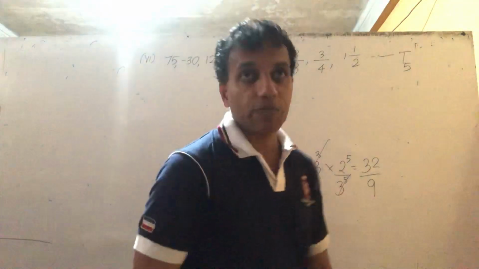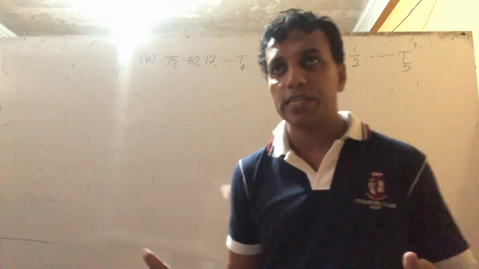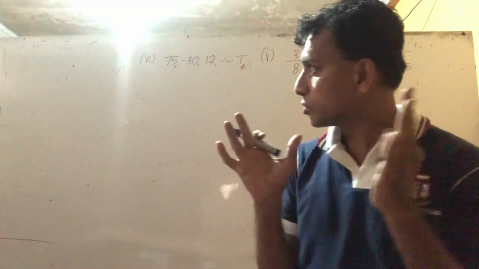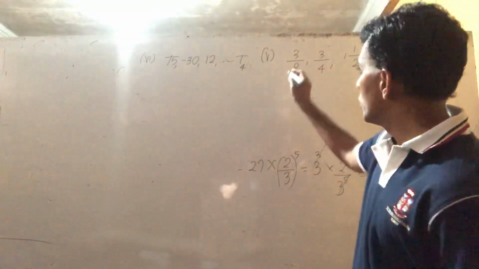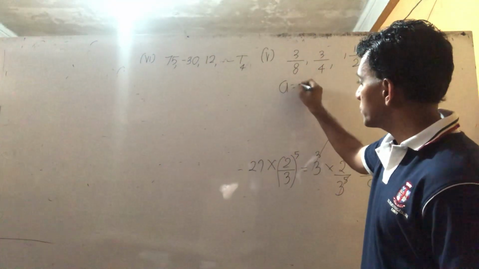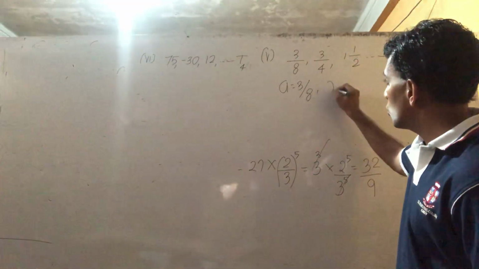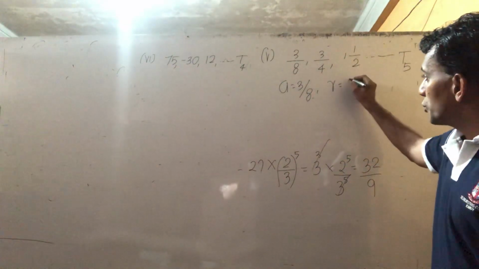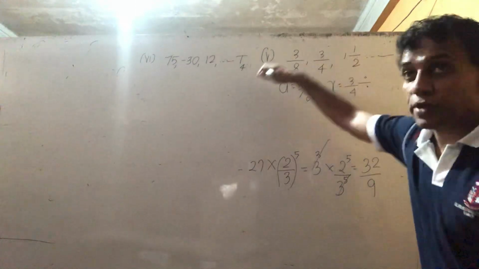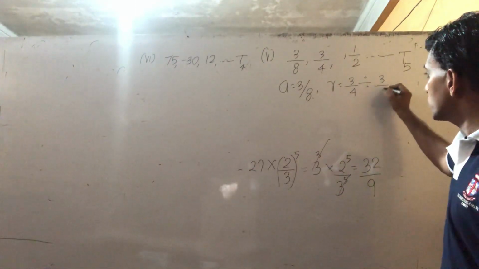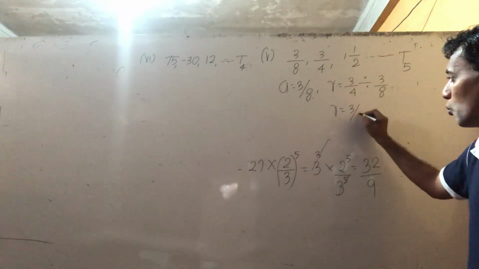So for this fractions pattern, any decimals or negative or positive integers, whatever it is, you're able to answer if you take the concept of the GP and the common ratio clearly. So here A is 3/8. What is the common ratio? I take 3/4 divided by the previous 3/8. So R equals 3/4 divided by 3/8.